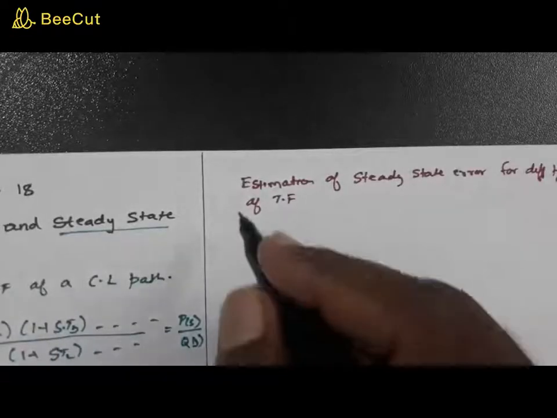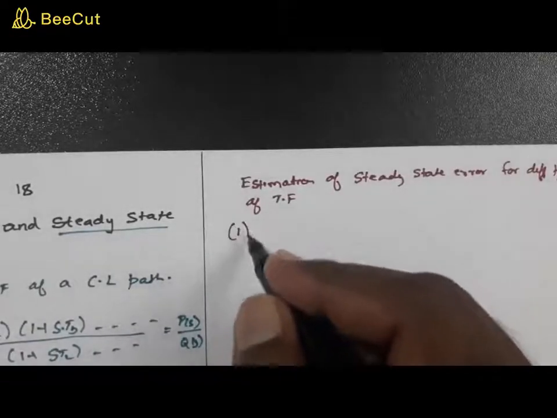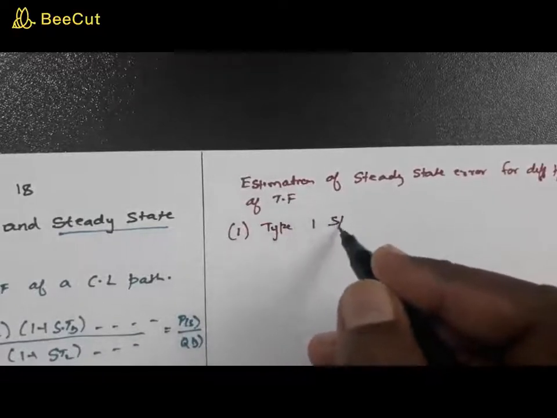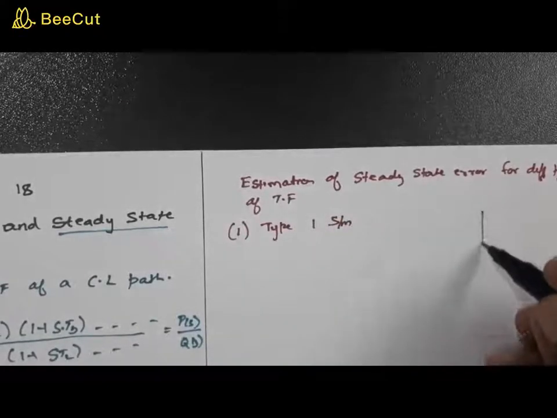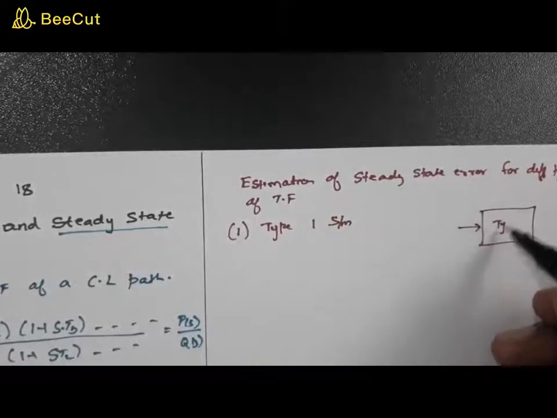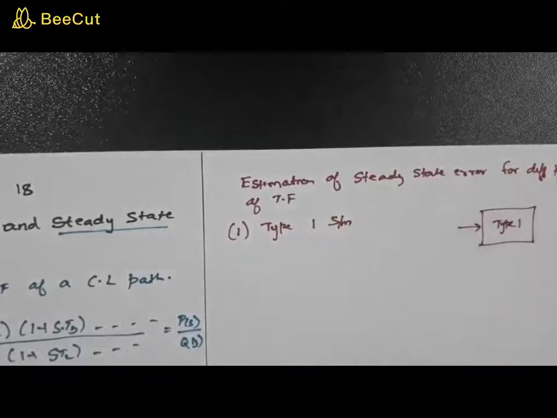Okay, so first of all, to start with, let us consider a type 1 system. Now assume that this is a type 1 system. What's the meaning of a type 1 system?